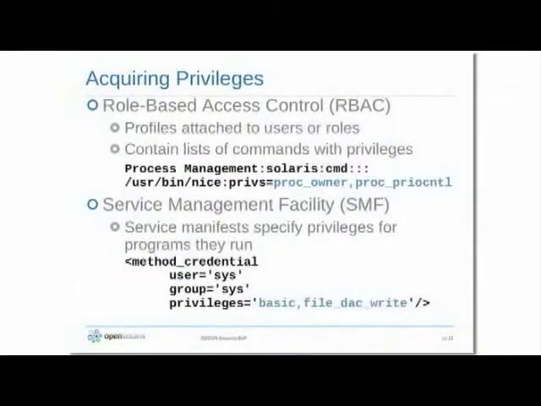The second is the service management facility, or SMF. This is what we use to launch most services in the system. This is how daemons get launched, for example. And the service manifests specify the privileges for the programs that they run. So the example here is from the SAR daemon, actually, and shows that it really needs to run with just one extra privilege beyond the basic set, and that's the file DAC write privilege.